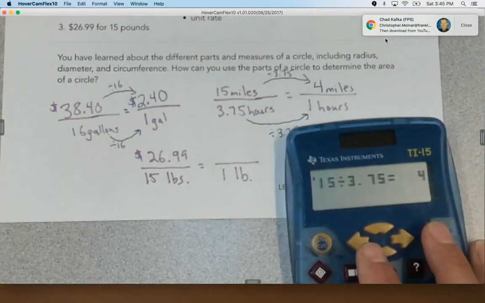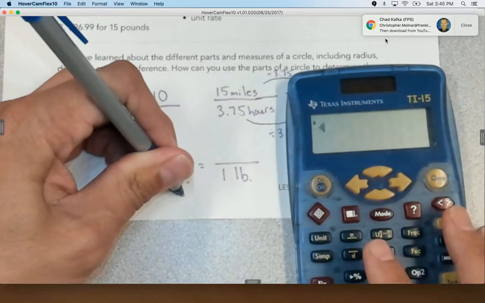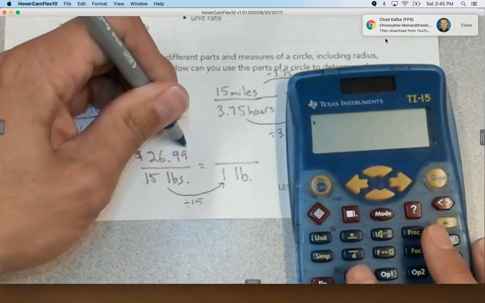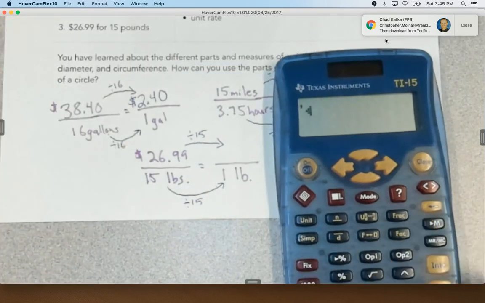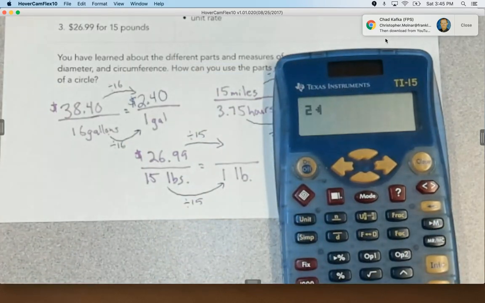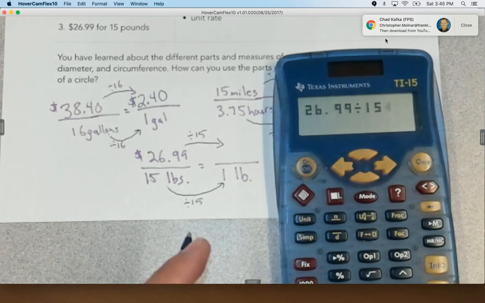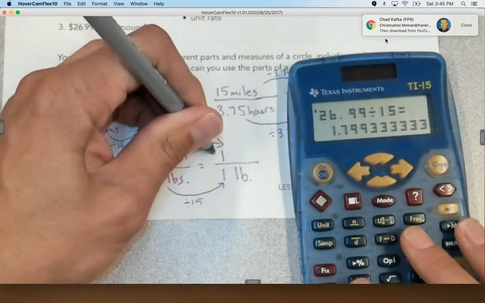All right, then the last one, to get from 15 pounds to 1 pound, I have to divide that by 15. I would have to divide the top of this ratio by the same factor, so I'm scaling it down by a factor of 15. 26.99 divided by 15 equals $1.80.